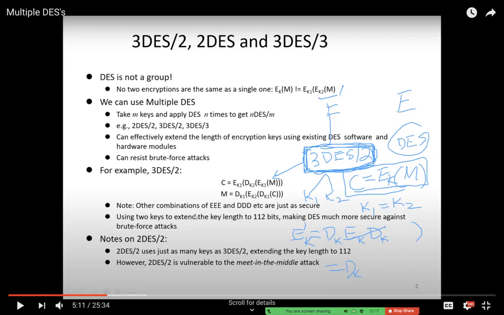So this input here is C. So this is decryption, this is encryption, so they cancel. So we got DK C, then this is M. Okay, so that's the reason why we want this configuration, so that it can be used to decrypt ciphertext that is generated using a single DES.